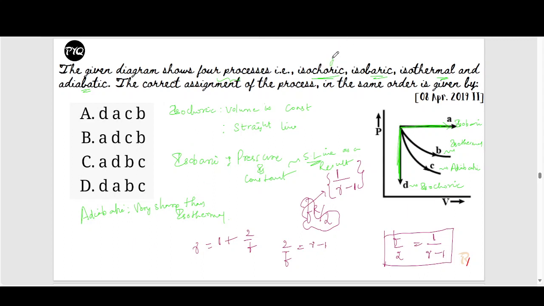Isochoric gives me D, isobaric A, isothermal B, and adiabatic C. Therefore DABC, and this gives me the answer option. This was the 8th April shift 2 question.